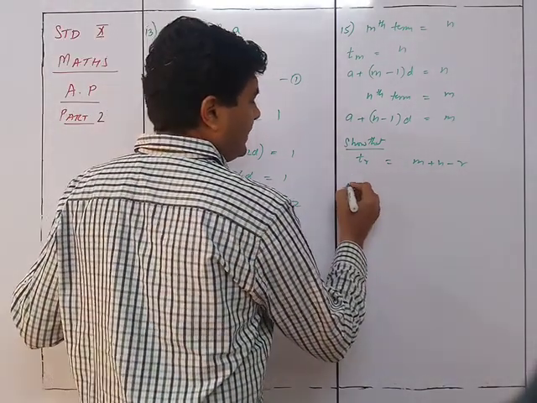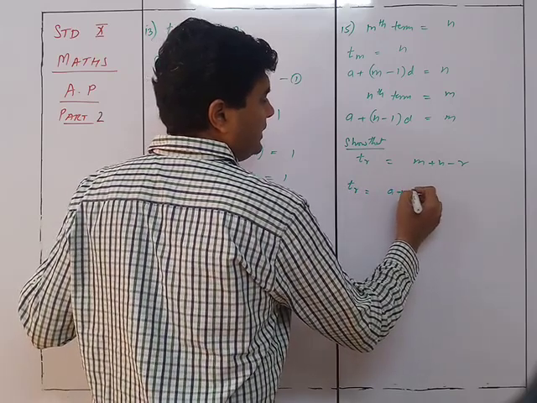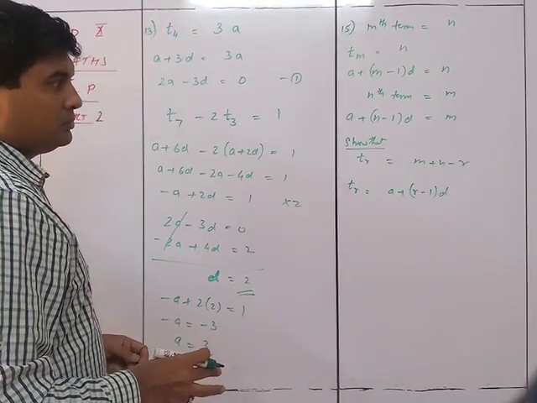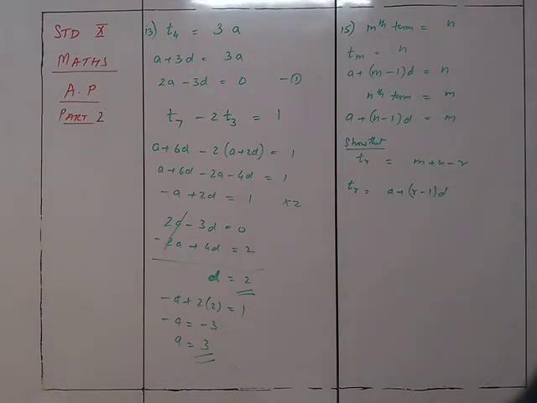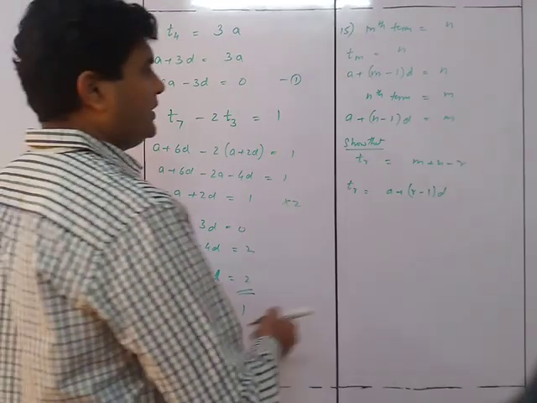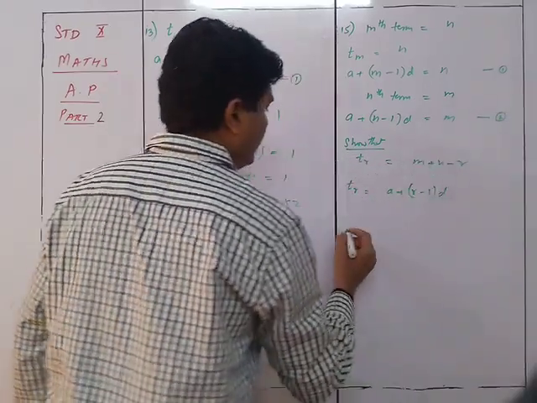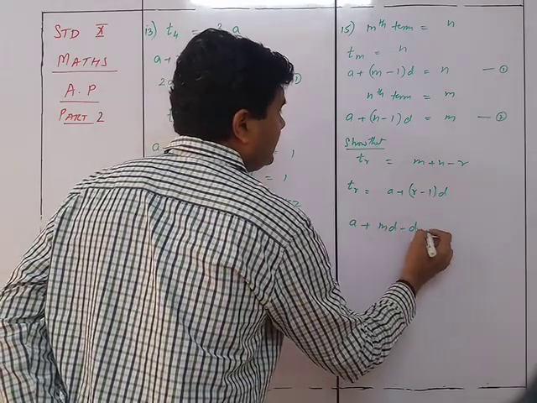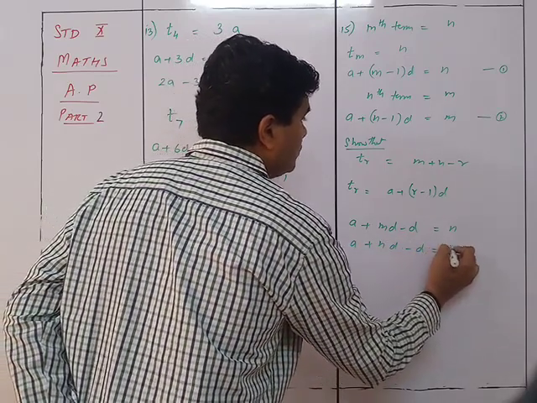So you see over here, what is Tr? Tr is equal to A plus (r minus 1) into D. So let's see what is to be done now. We just go for the simultaneous equations as usual. We take equation 1 and equation 2: A plus (m minus 1)d is equal to n, and A plus (n minus 1)d is equal to m.